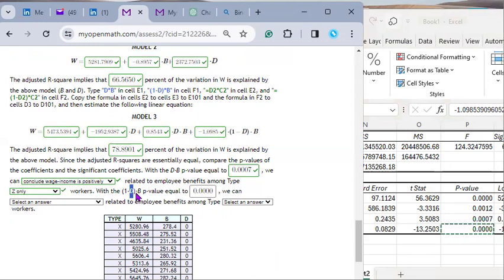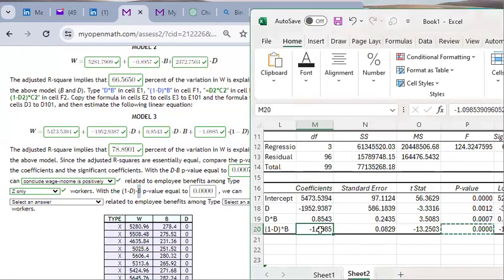So when D is 0, this equals 1, right? So we're looking at the benefits, monetary value of the benefits of the type X and Y workers. And amongst them, right, there's a trade-off.